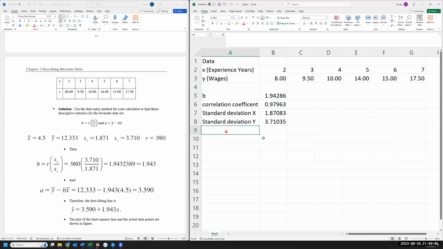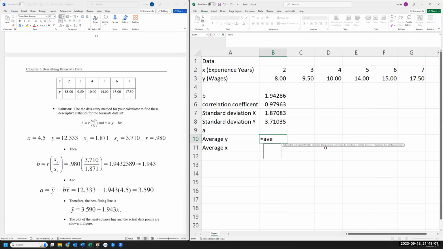All right, so A. In order for us to find A, well, we need the average of Y minus B times the average of X. So we need average Y, average X. So let's calculate these.